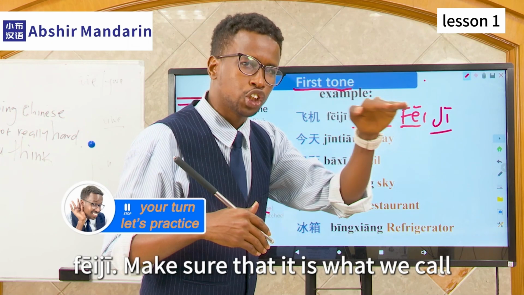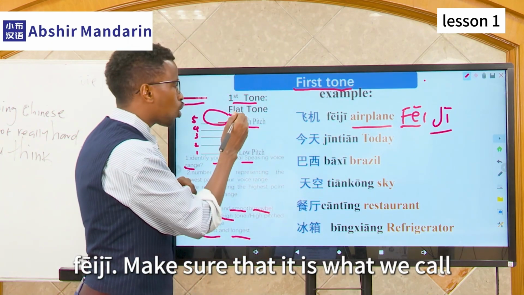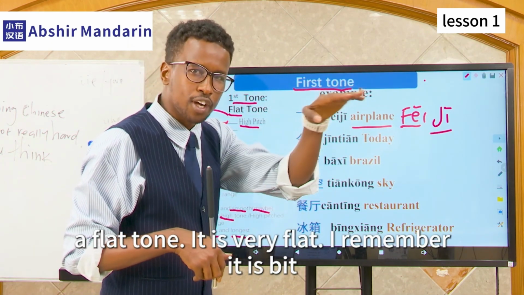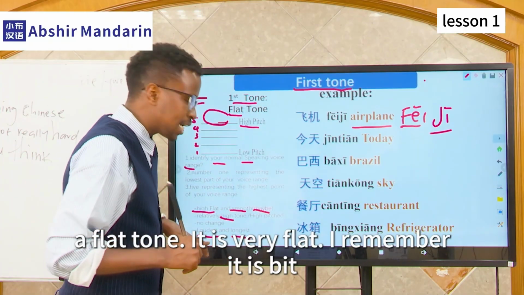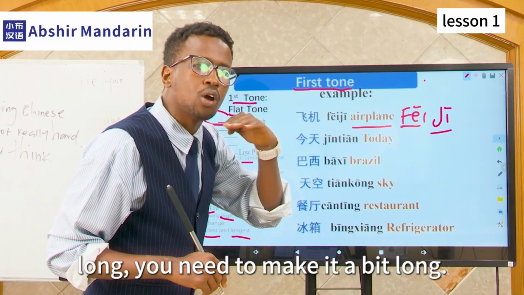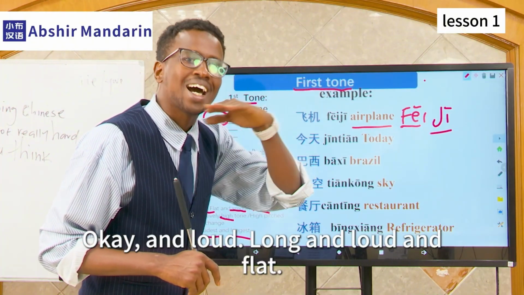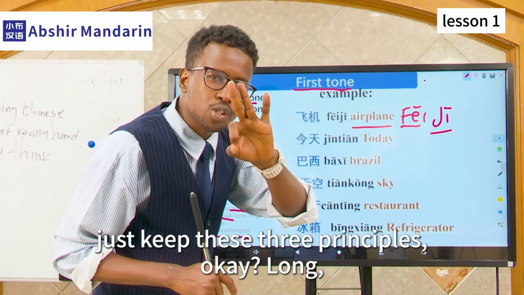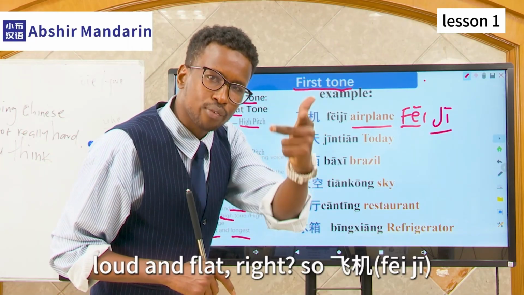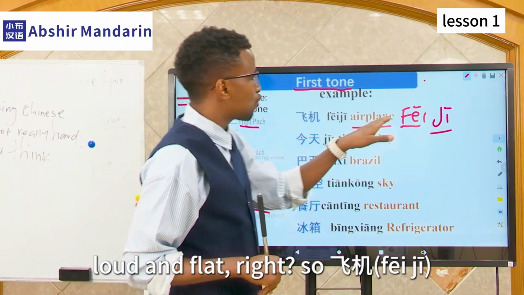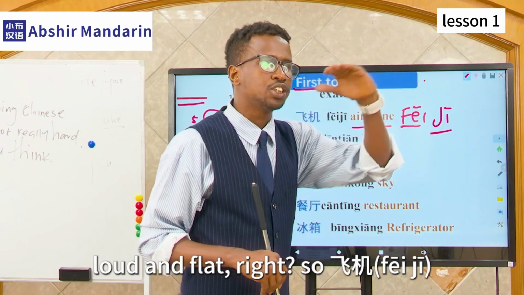Fei ji. Make sure that's what we call a flat tone. It's very flat. And remember, you need to make it a bit long and loud. Long, loud and flat. Just keep these 3 principles, okay? Long, loud, and flat. So fei ji.